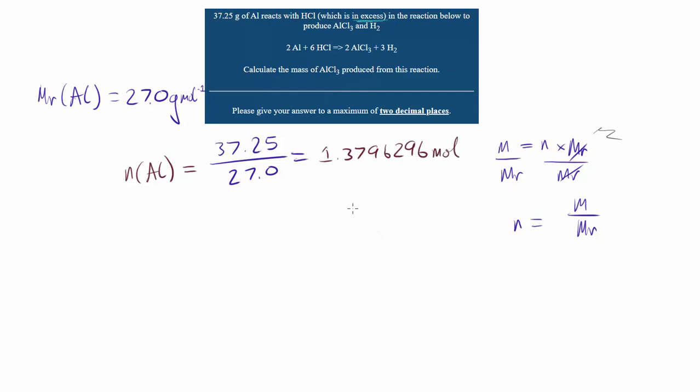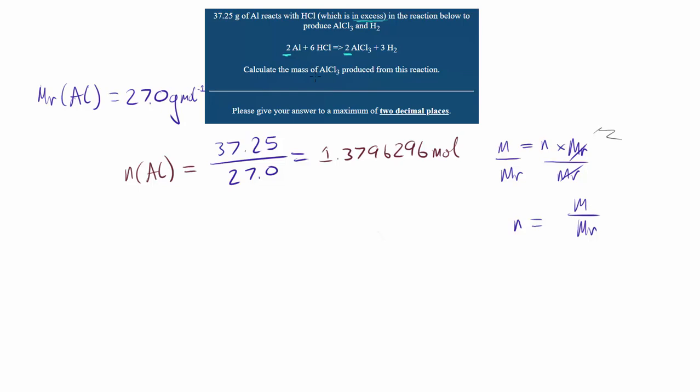Okay, we've worked that out, but we now need to figure out how to relate this to the moles of AlCl₃ produced. Well, look at the equation. What does the equation tell us? It tells us that there are 2 Al on one side and 2 AlCl₃ on the other, so both are the same.